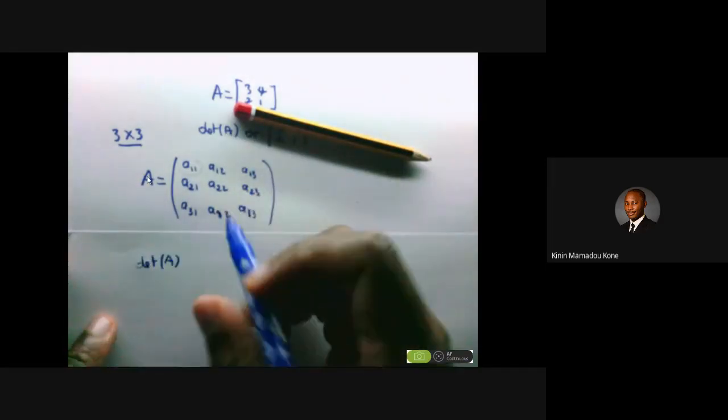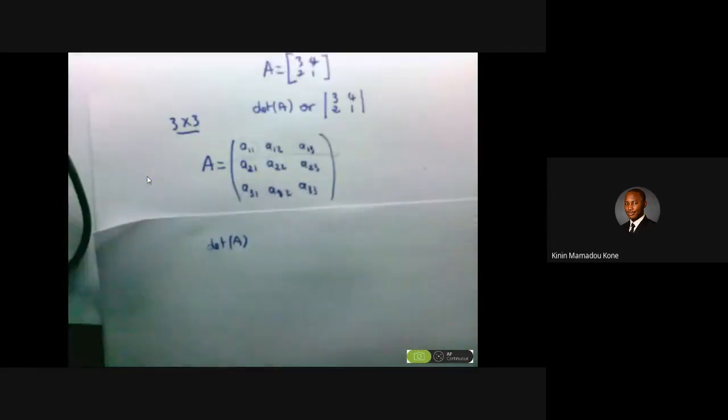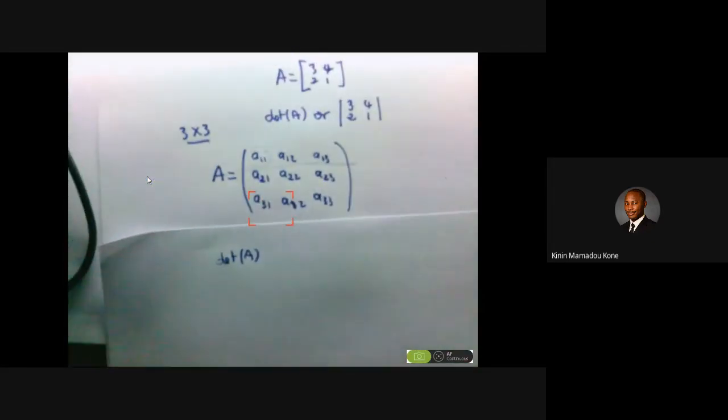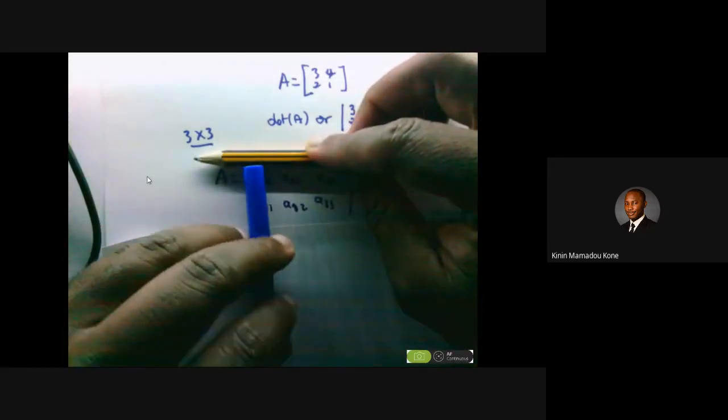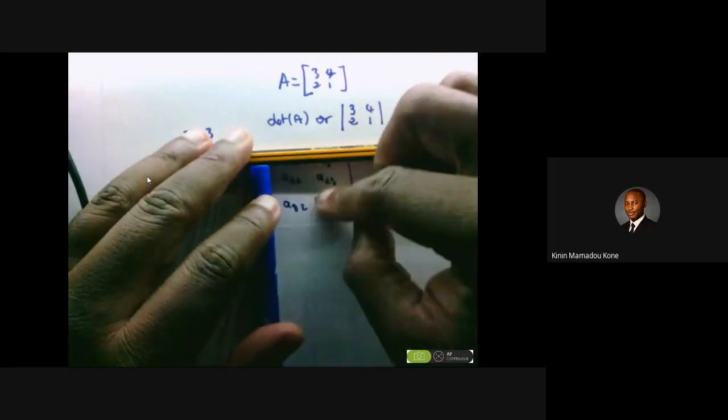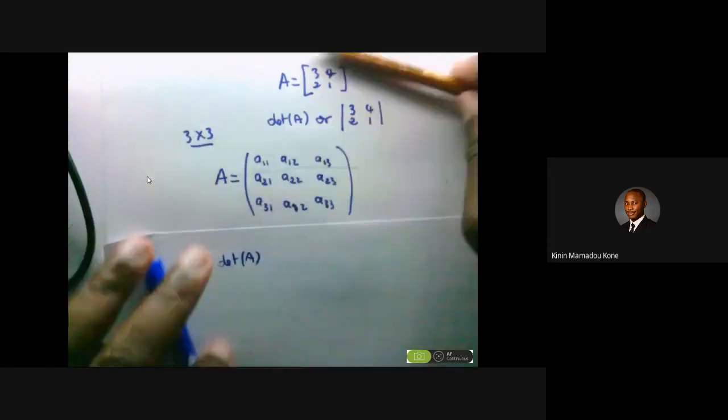So determinant of the matrix A. I'm looking at the first row. My goal is to go through the first row. So I take the first entry in the first row, and I delete the first row, the first column, and I have this small matrix over here.